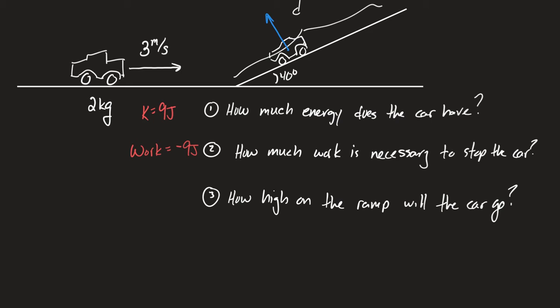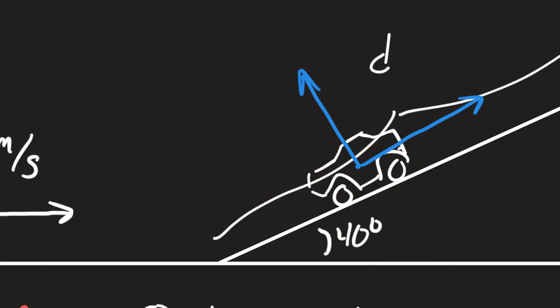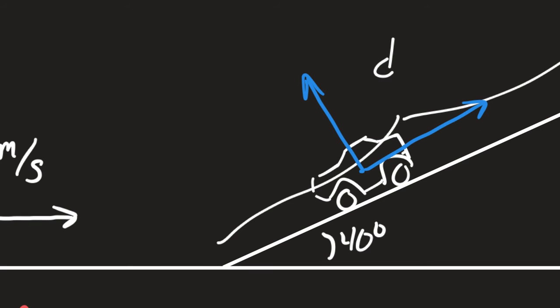No, there isn't. The normal force is 90 degrees from the displacement because the displacement is going to be in this direction. It goes up the ramp. So if this is the direction of the displacement and this is the direction of the normal force, that's going to be 90 degrees.